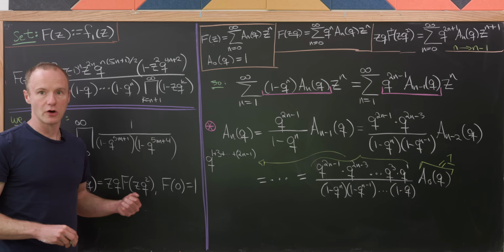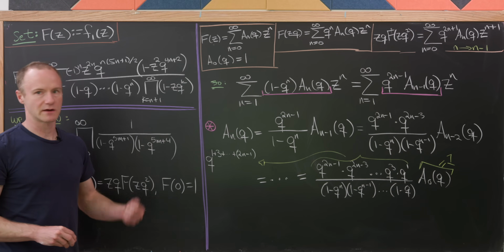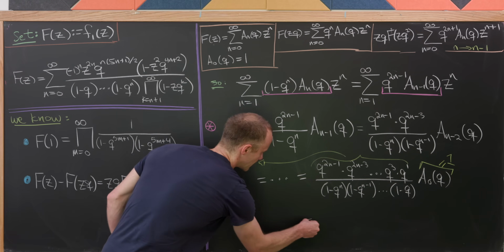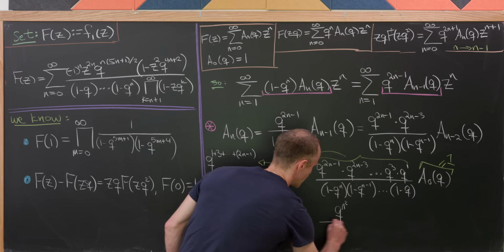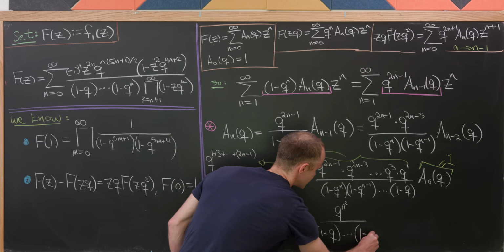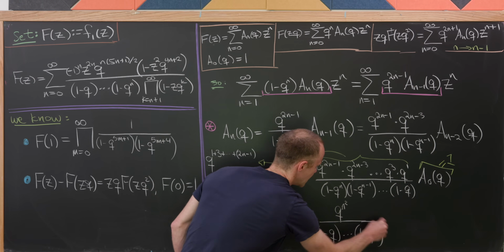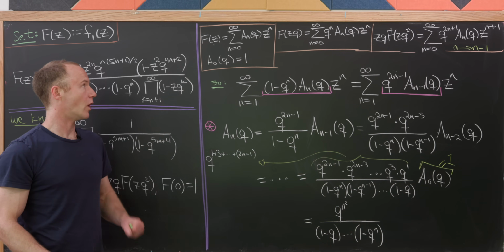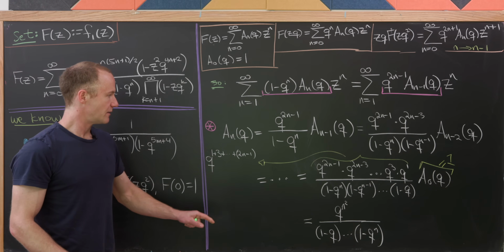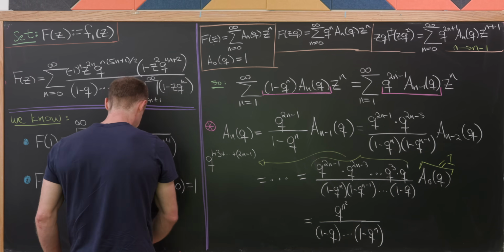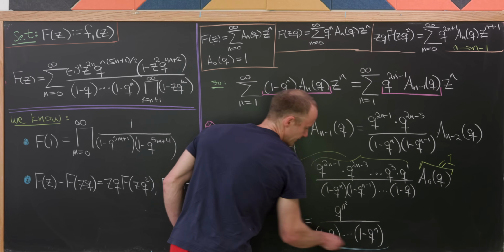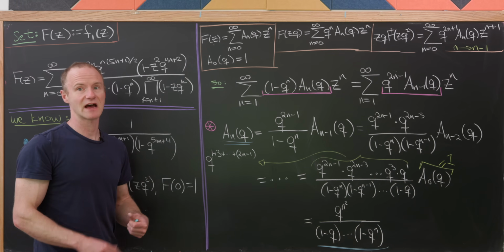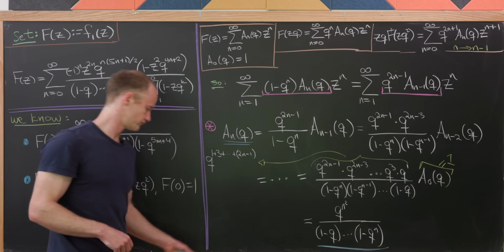But it's well known that the sum of the first n odd numbers is equal to n squared. So that means that we in fact have q to the n squared over 1 minus q times all the way up to 1 minus q to the n, times a sub 0 of q, which is 1. Okay, but look at what we've got. That means we've got this nice closed form for a sub n of q. So let's write that down and then we're ready to take it home.